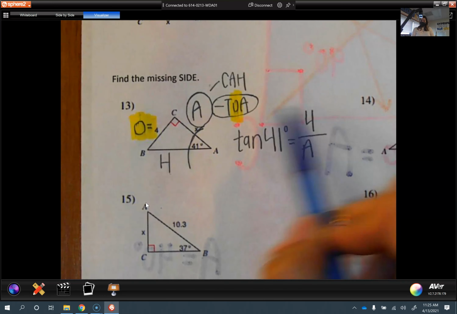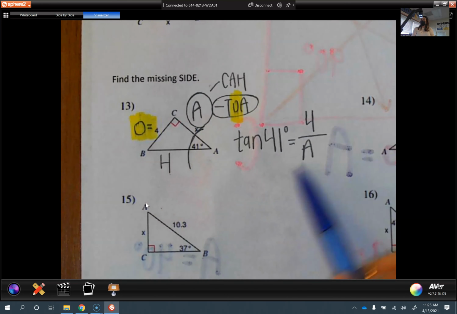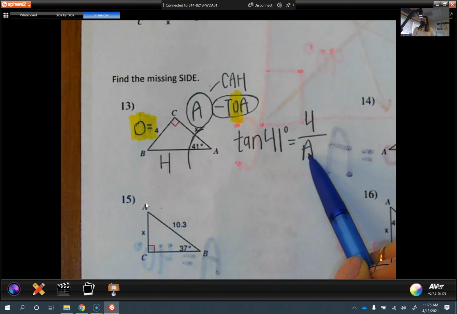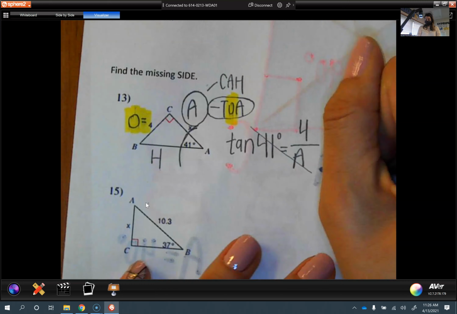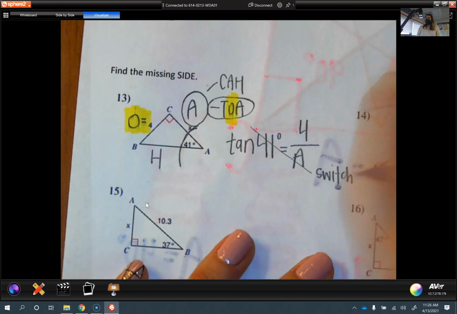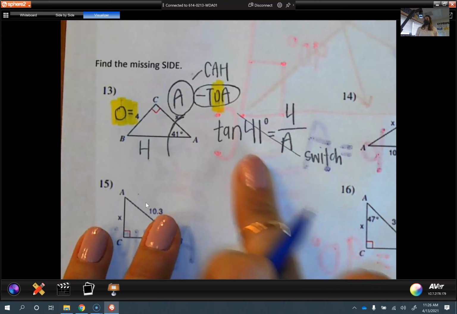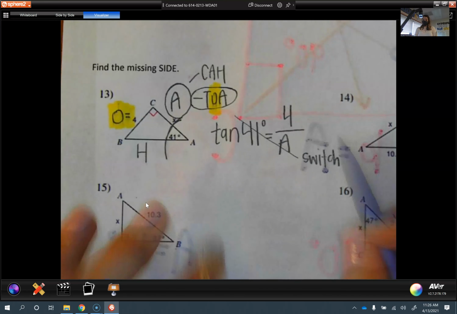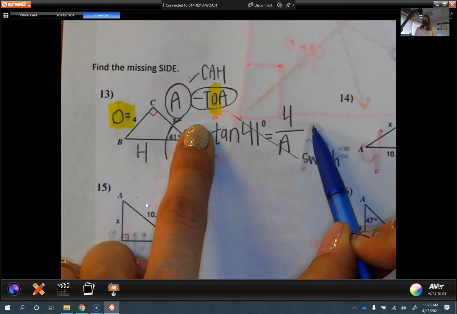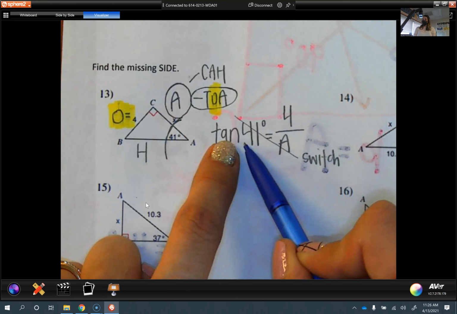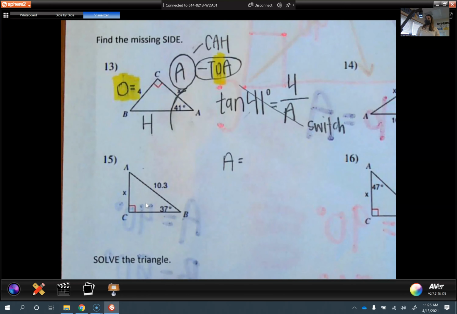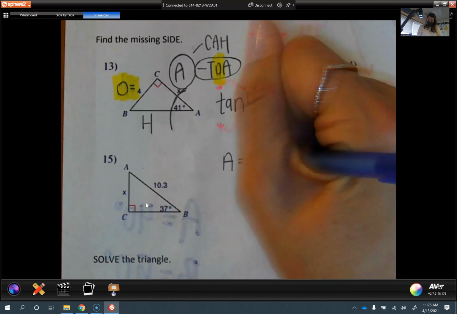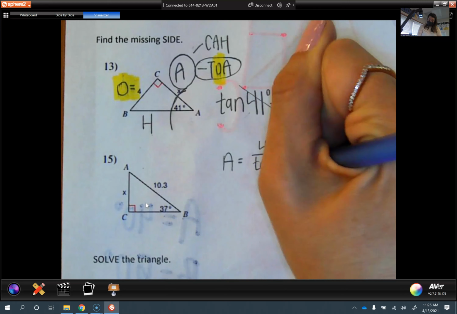Then whenever I have an equation that looks like this, the shortcut is that you just switch these two things. Really, what we're doing is multiplying both sides by A and then dividing both sides by tangent 41. But what it ends up looking like is capital A is 4 divided by tangent of 41.